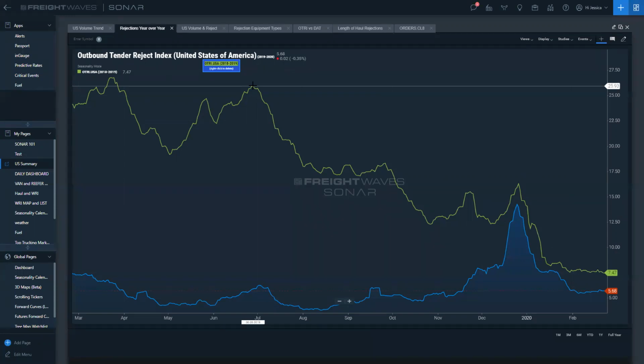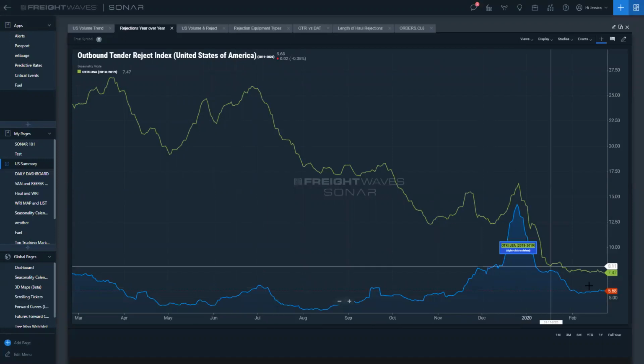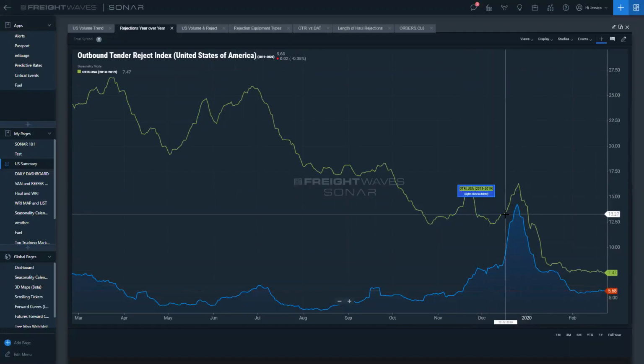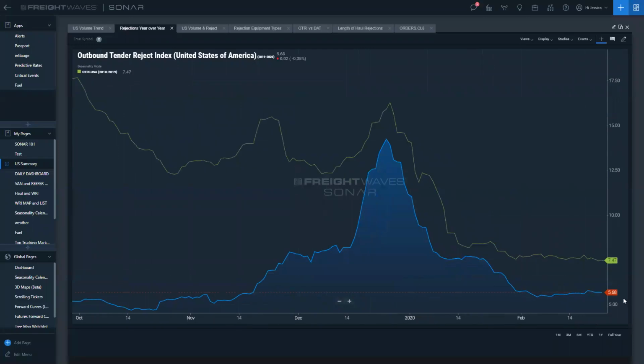This is the same type of chart as the one previously for volumes, but it's rejections. So 2018 into 2019, 2019 into 2020. Most of 2019, we stayed below that 7% mark until we got around the end of November and into December. And here we are today. If you were to zoom in, we are at a 5.5% rejection rate, so almost 95% acceptance.